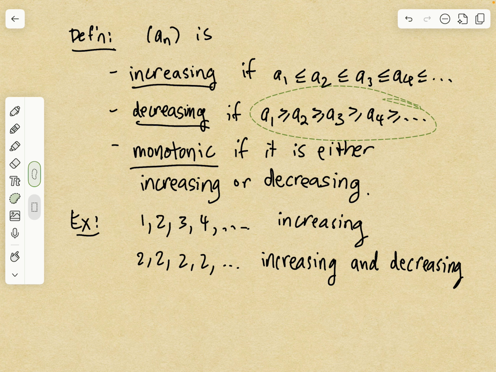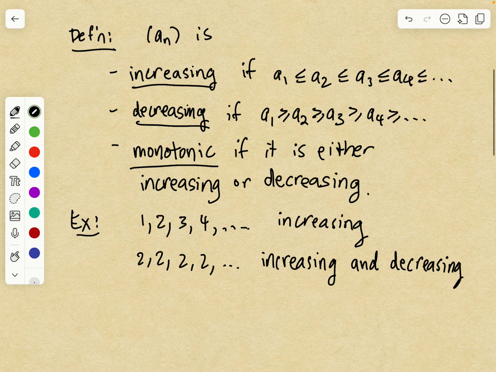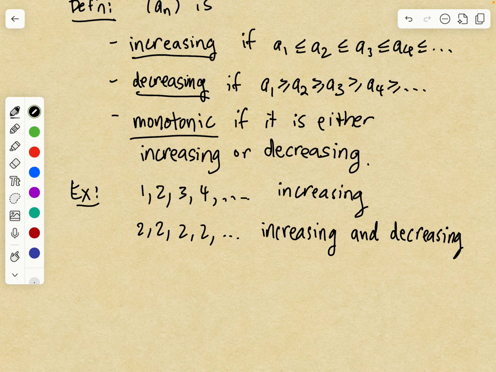And for decreasing, you need greater than or equal to. So if all the terms of the sequence are the same, then the sequence is increasing and decreasing. So notice that this may be different than what you might be used to when you're thinking of increasing or decreasing, but from the definition, if we use the definition, we see that it literally is an increasing sequence and a decreasing sequence.